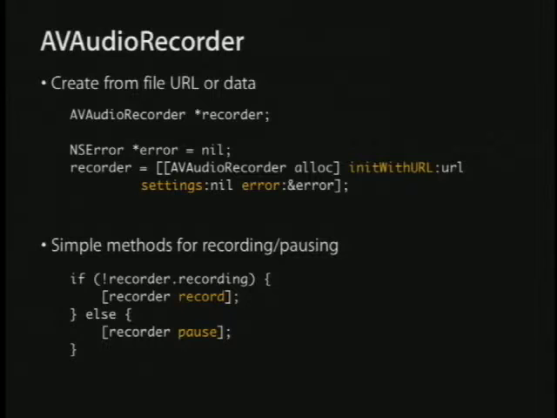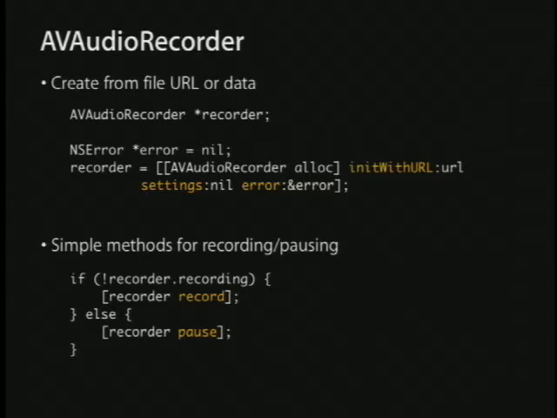So here's an example of that. You actually create an AV audio recorder with a URL. And that URL is, of course, not the source, because you're recording. It's the destination. And the AV audio recorder will append the data to that URL. I'm going to pass in nil for settings, but I could have passed in, I believe, a dictionary.